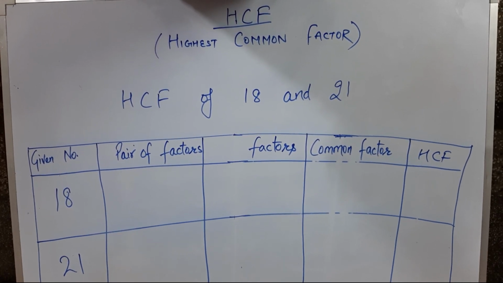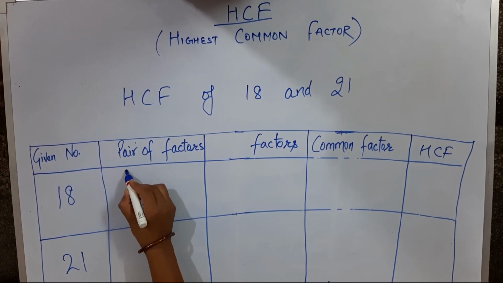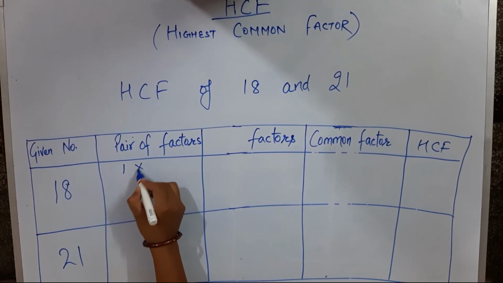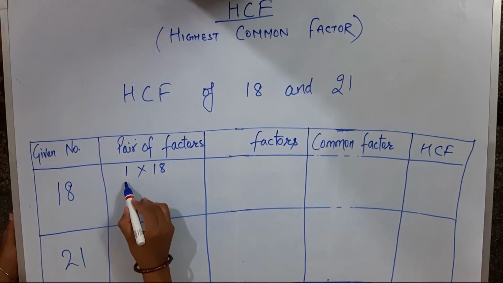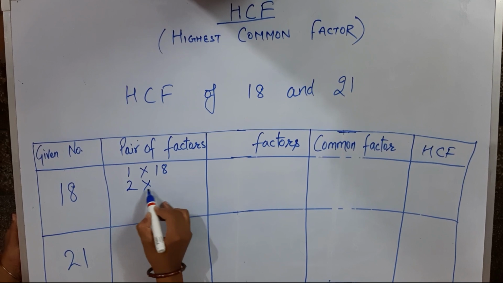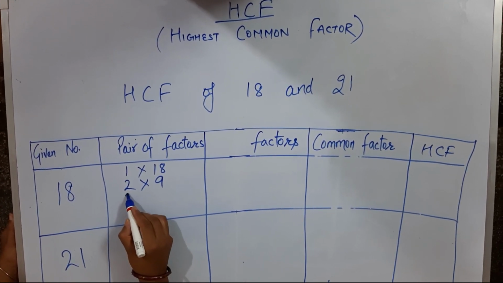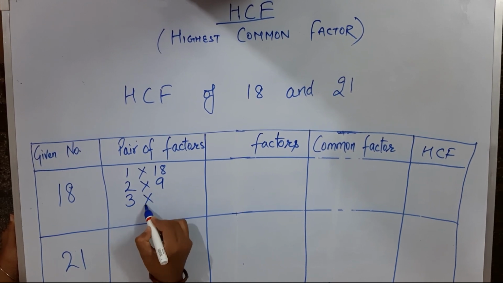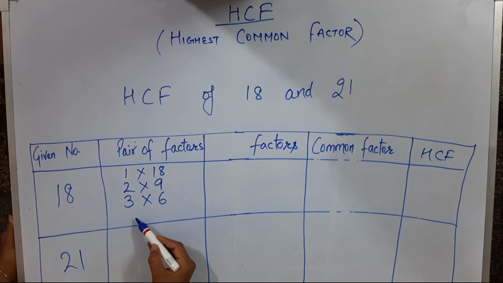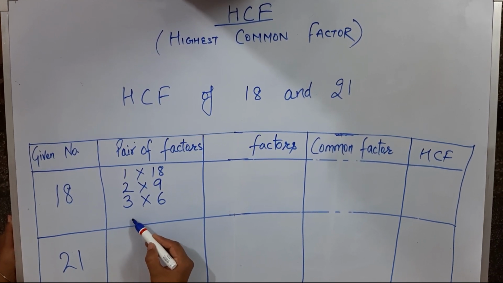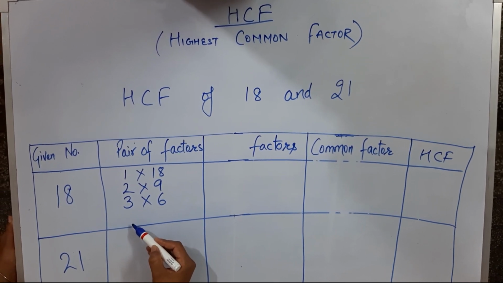Okay, so now we will find the factors of 18. First of all, 18 comes in the table of 1, 1 18 ja 18. After that 18 comes in the table of 2, 2 9 ja 18. After that it comes in the table of 3, 3 6 ja 18. Now it doesn't come in the table of 4, it doesn't come in the table of 5, and it comes in the table of 6.